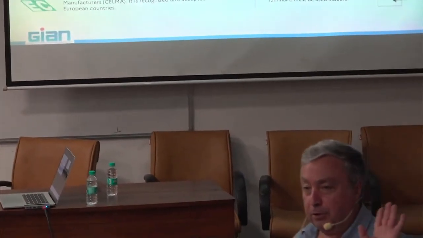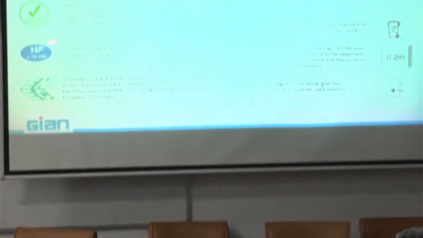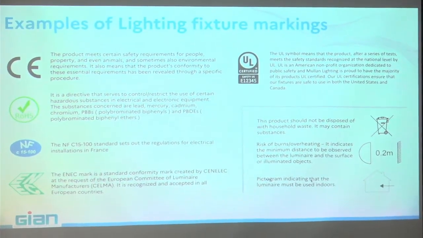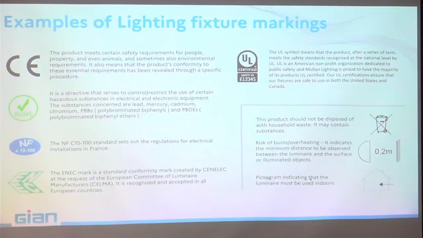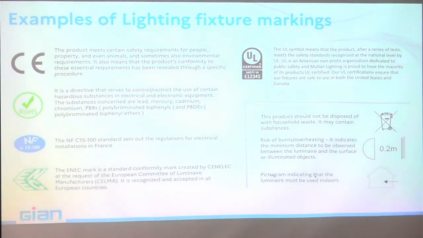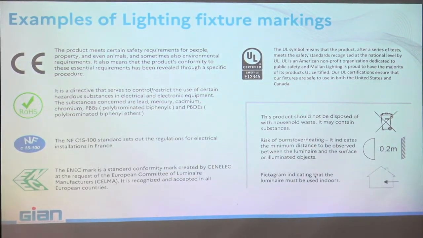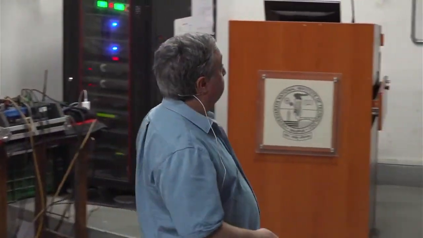Now, if the manufacturer is located in China, forget it. Also for Europe, RoHS, but not only, means that your product doesn't contain harmful materials: no mercury, no lead, no thallium, a number of toxic materials are not present in that product.